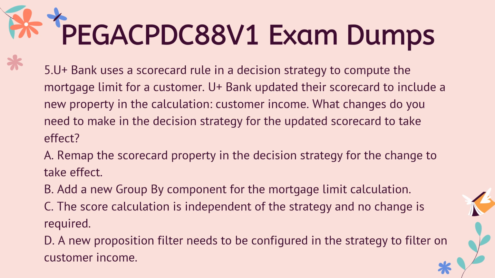B. Add a new group by component for the mortgage limit calculation. C. The score calculation is independent of the strategy and no change is required. D. A new proposition filter needs to be configured in the strategy to filter on customer income.